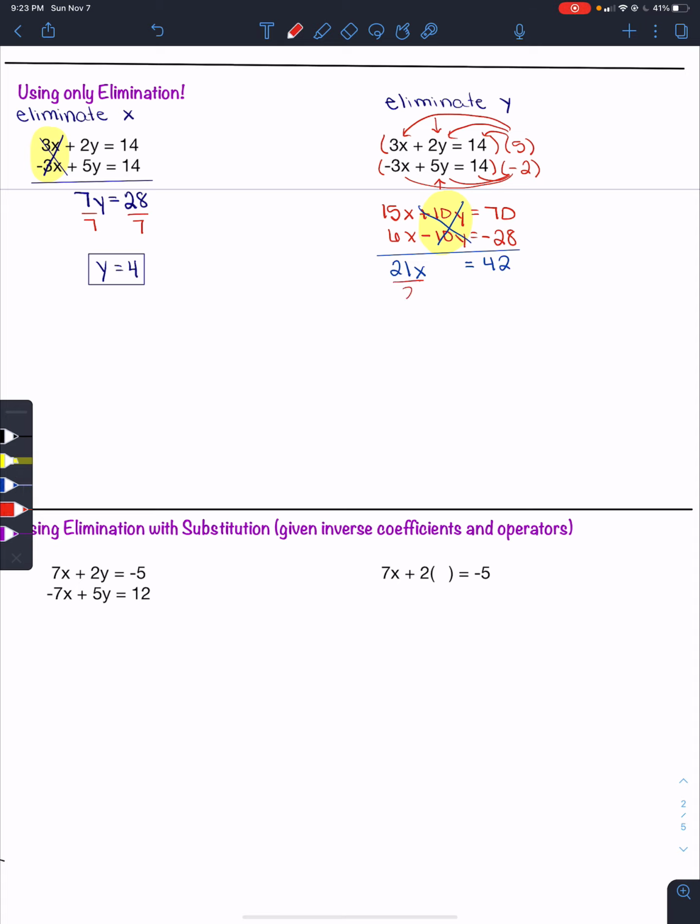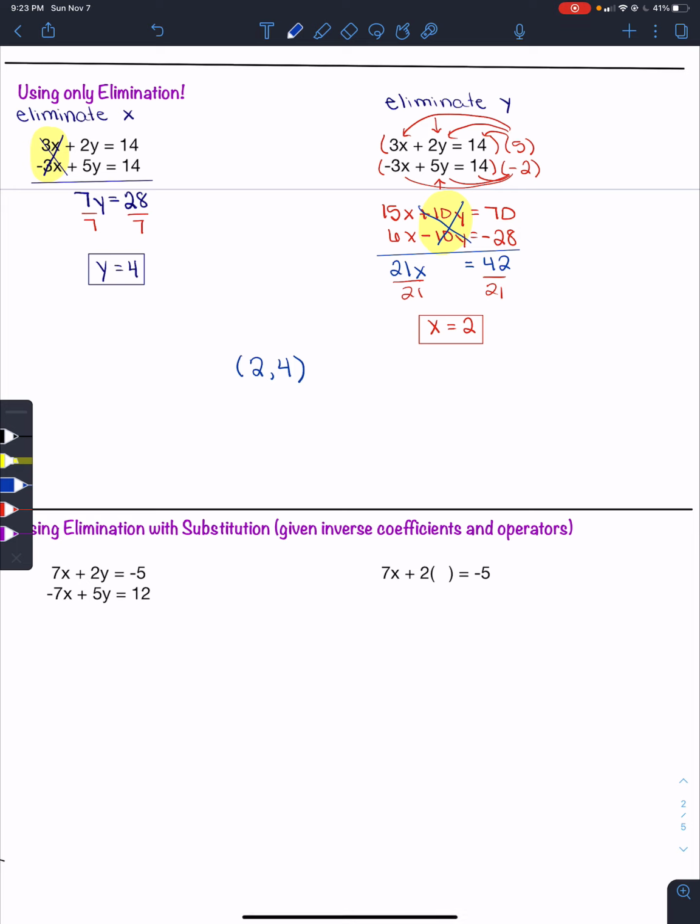Divide both sides by 21. And we've got x equals 2. So our solution on this one is 2, 4. And that is one solution.